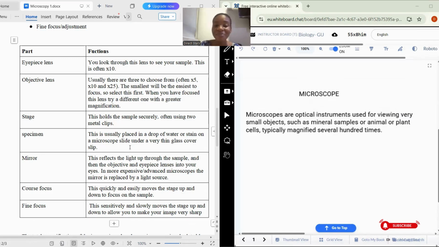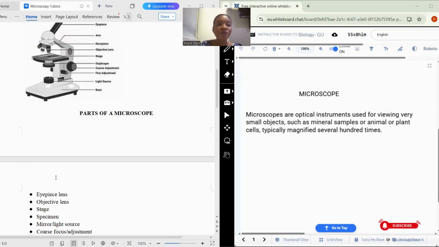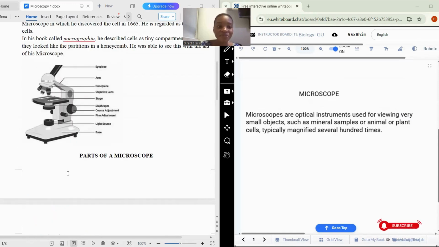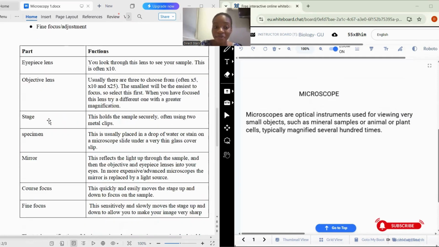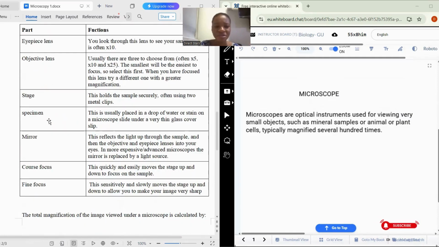After the specimen, next comes the mirror. Where is the mirror in your microscope? This is it right here. This mirror could be replaced with a light source in other advanced microscopes, and some may just have a mirror.